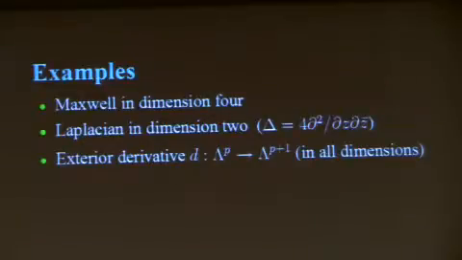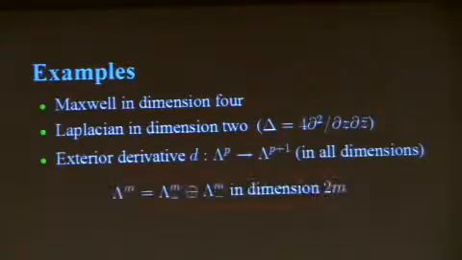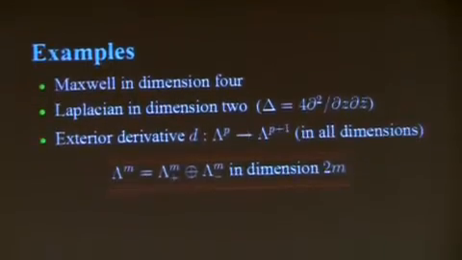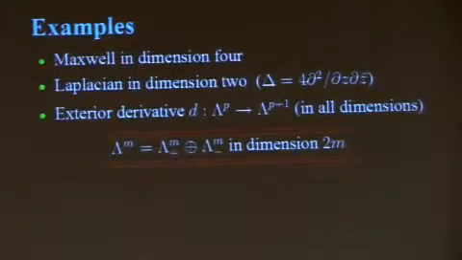These three examples are a little bit too trivial regarding what's going on in more general. They're all really based on the fact that in even dimensions, the half-dimensional forms split into two types. That's what I was saying before about the star operator being invariant in dimension 4 on two forms.